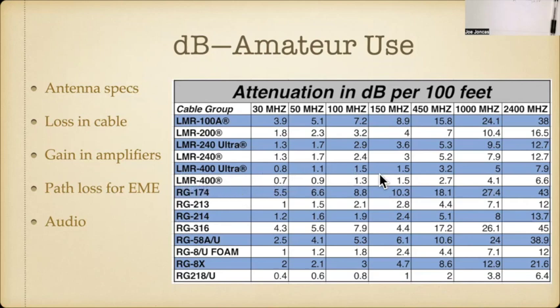By the way, it's the same size as RG8 and RG 218. It's all the same size. But at 150 megahertz, 100 feet is only 1.5 dB, which could be overkill for certain applications, couldn't it? Yeah, absolutely. But that's why, Don, I asked you to explain why you're using that.